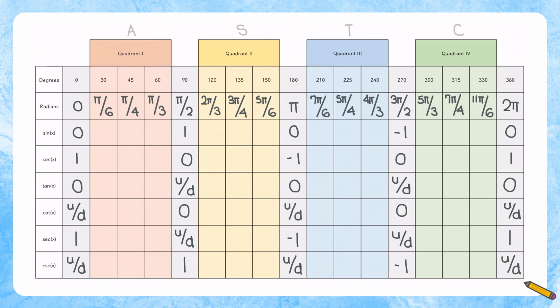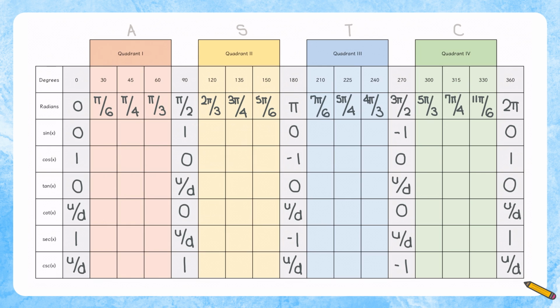So in quadrant 1, all trig values will come out positive, whereas in quadrant 2, only sine and its reciprocal, cosecant values will come out positive. And in quadrant 3, we have tangent and cotangent values becoming positive, but everything else would be negative.